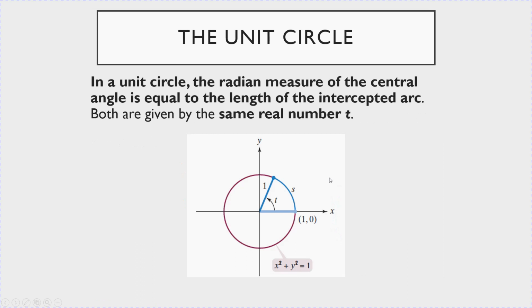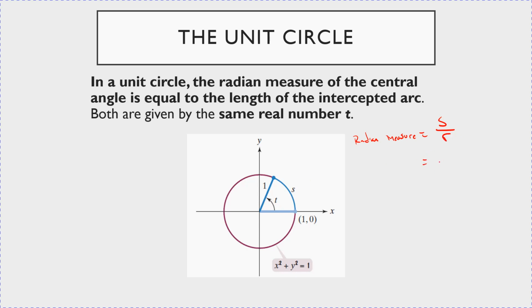In a unit circle, the radian measure, we've got to remember what exactly the radian measure is. The radian measure of a central angle is equal to the length of the intercepted arc, but if you remember, radian measure originally was equal to the length of the intercepted arc, s, and you would always divide it by r, the radius.